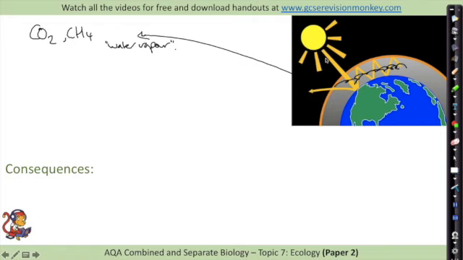The sun releases shortwave radiation, and that goes straight through the greenhouse gases.